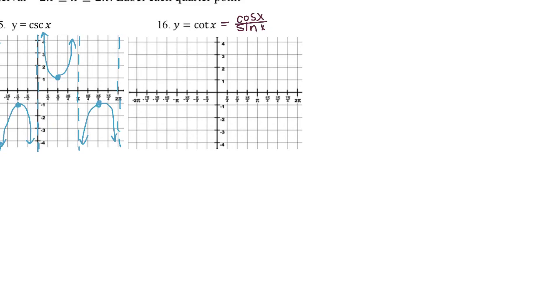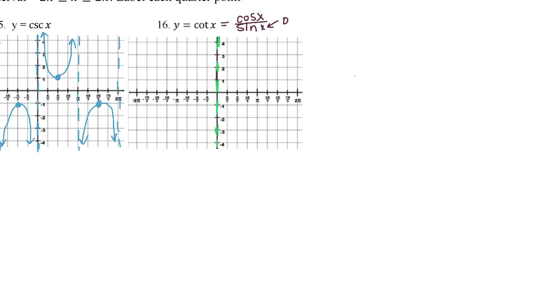And so if we do that, then we can figure out very quickly where we're going to have our asymptotes, because that's going to be where sine is 0. Well, sine is 0 at 0. So, oh, we can't see that. Let's change to a brighter color. So that means that this is going to be an asymptote at 0, because here cosine at 0 is 1 and sine at 0 is 0. So 1 over 0 is undefined.